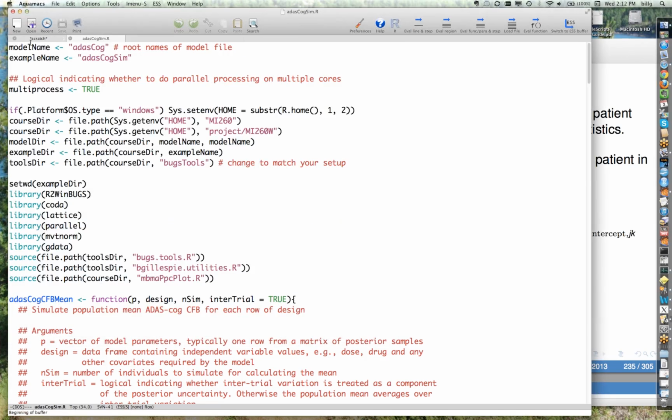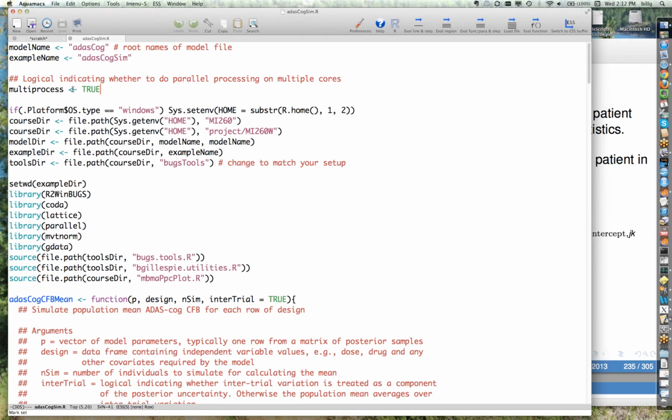So some of this in the front is some bookkeeping to tell the script where that is located, and we'll take advantage of the model name for that. Example name is what I'm using to refer to our simulation example, so we can use that to construct our path back to where we've put this particular file, and then various bits here that we'll make use of.